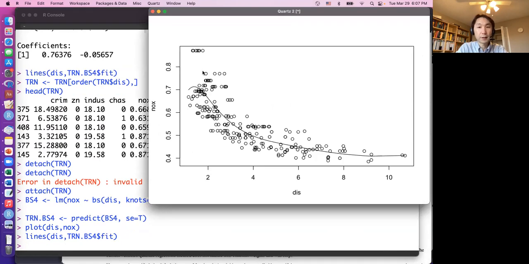So now that it's ordered by distance, we can see a smooth curve. So we connect these 253 points in increasing order of distance. So we have the smooth curve. So probably we don't have much difference in value here. We have some bump here, maybe influenced by this portion.